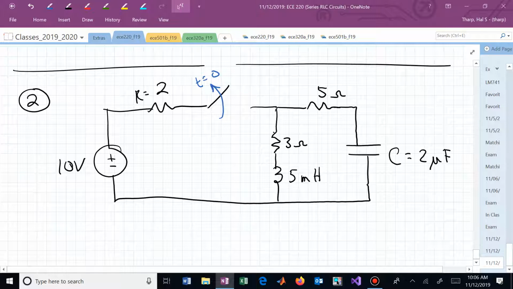Well, hopefully it still works. The leads are a little out of alignment. Needs the chiropractor or something maybe. Straighten it up. All right. What do we do now? We want to find the inductor current at time 0 plus and the capacitor voltage at time 0 plus.